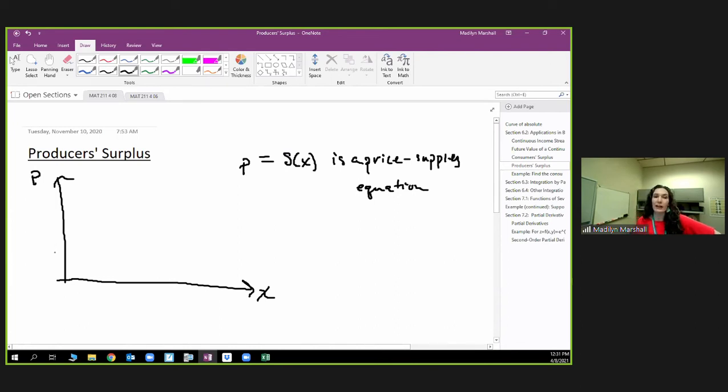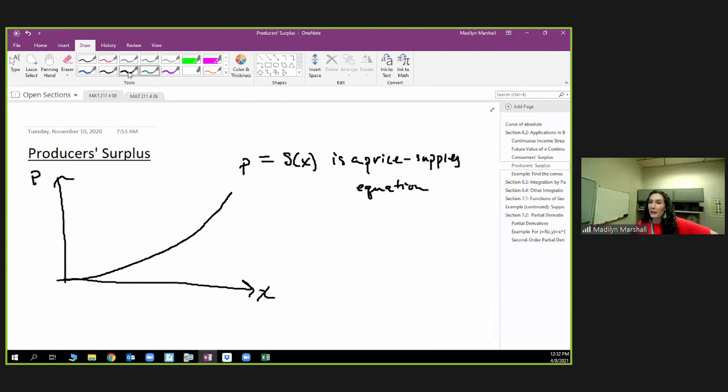So now we're looking at it from the perspective of the producer. The producer wants to sell more stuff if it's being sold at a higher price. So our price supply equation looks something more like this, and it probably shouldn't actually be starting right at the origin, but that's fine. The point is that it's going up instead of down now, because the producer wants to sell more stuff if it's at a higher price.